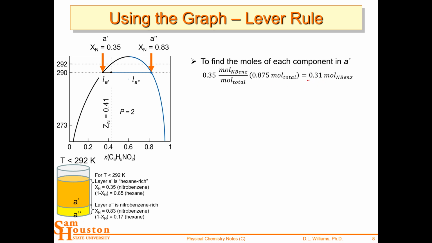So we have 0.31 moles of nitrobenzene in this top layer. This is absolute moles, right? So that's how many moles of nitrobenzene in that layer. It's 35% nitrobenzene, but if you wanted to know the absolute number of moles of nitrobenzene in that layer, that's what it is. It's 0.31. And then the 0.65 would be the hexane, and so that would be 0.57 total moles in this upper layer in the hexane.